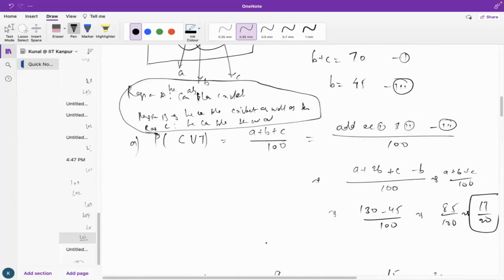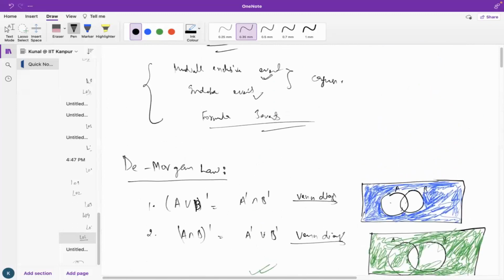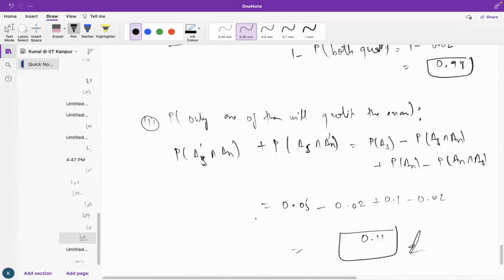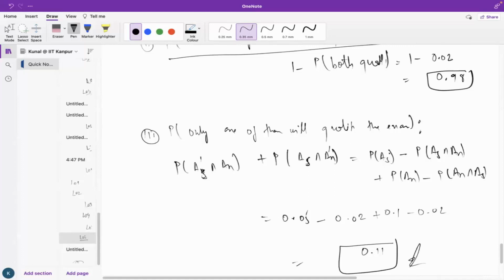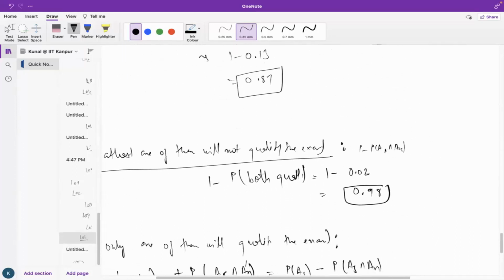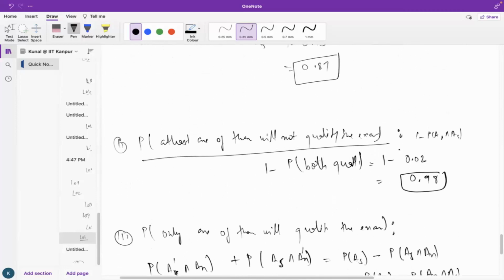Look at here. You studied it in class today, that A intersection B dash will be counted as A union B dash. So according to this law, what we can write here is the probability of A plus probability of B, where it is actually here. Let me show you.